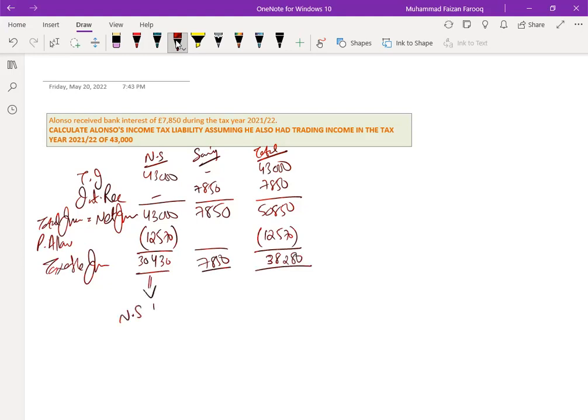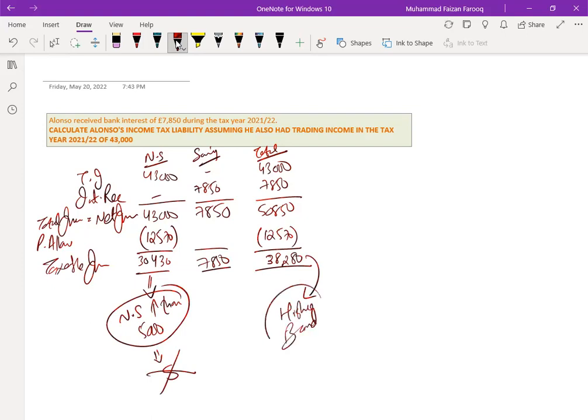Non-savings higher than 5,000 means the start band will not come. And is this guy a basic band taxpayer or a higher band taxpayer? Higher, because his taxable income is above the 37,700 threshold. Non-savings are 30,430, which will fall under the basic band at the rate of 20%.